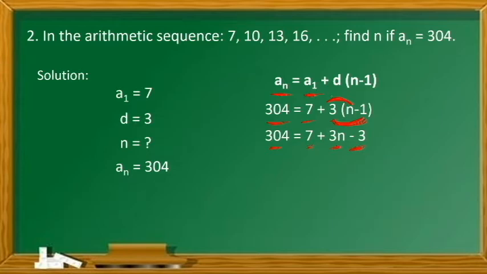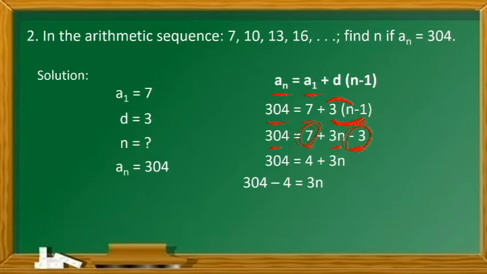So as you can see, we have here similar terms on the right side of the equation. So we will simplify that. So we have now 304 is equal to 4 plus 3n. 4 is the difference of 7 minus 3.